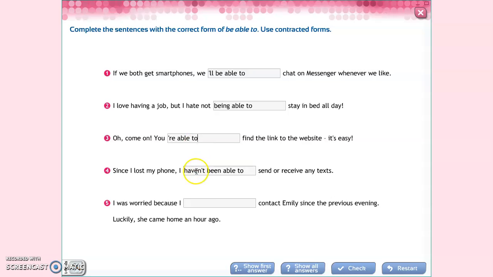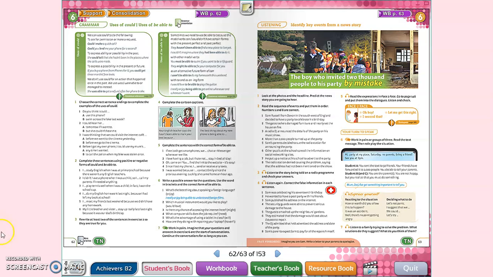And the last one: I was worried because I hadn't, past perfect, hadn't been able to contact Emily since the previous evening. Okay, so let's check, and they are all correct. There you go. Okay, let's go back to the main page.